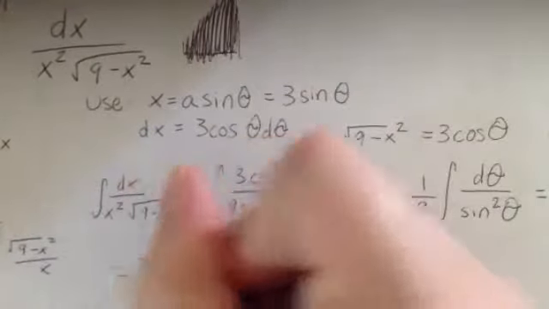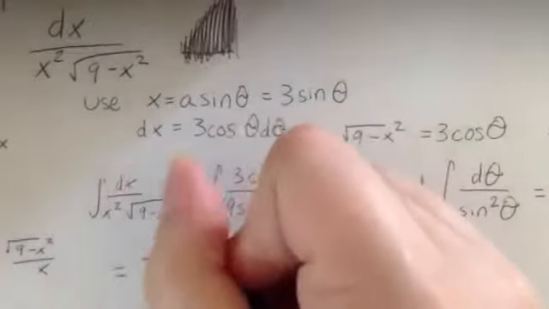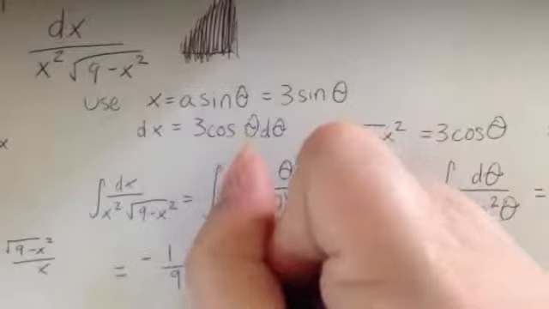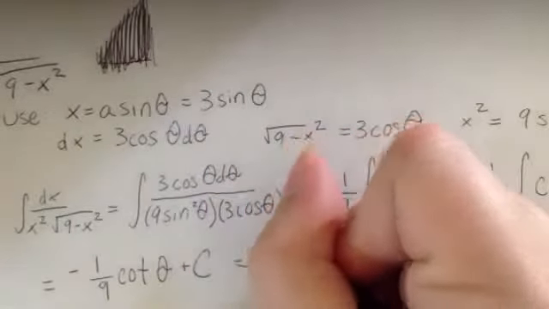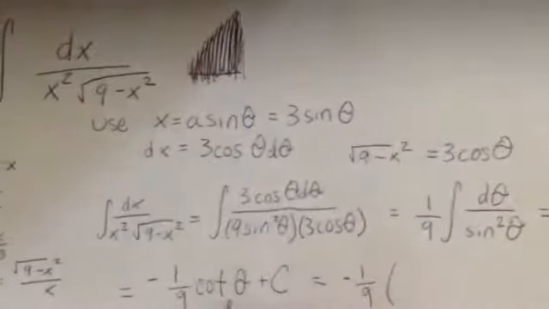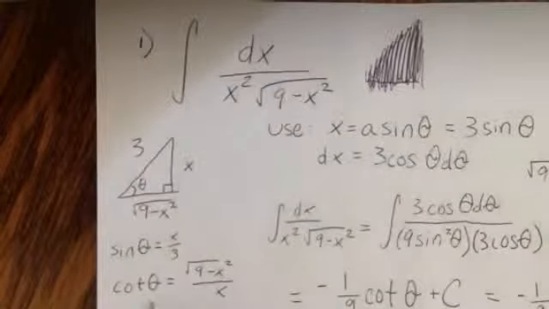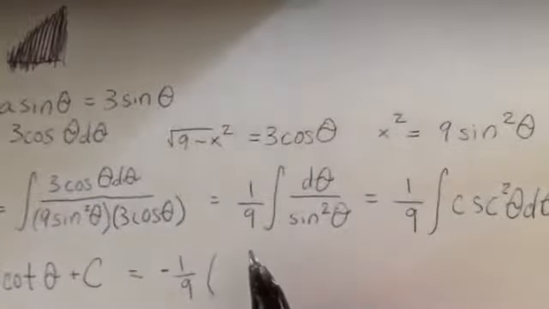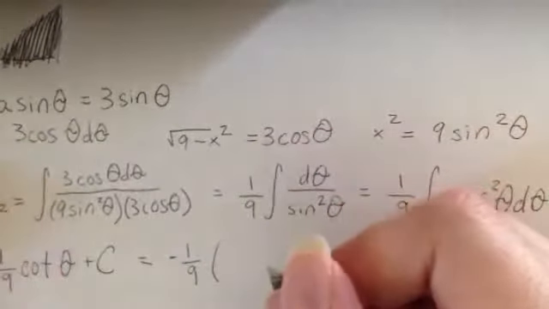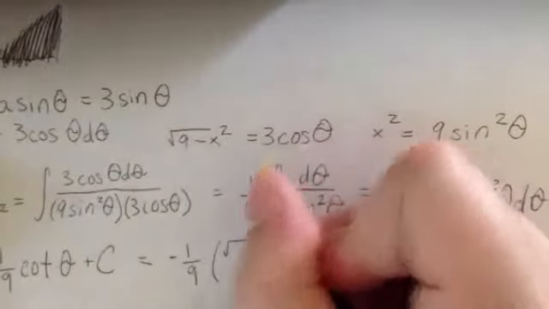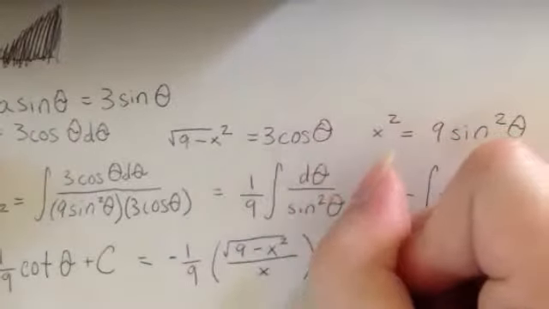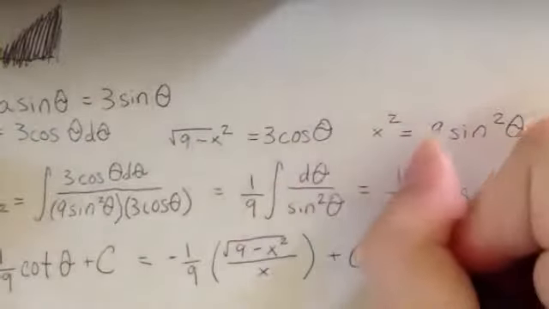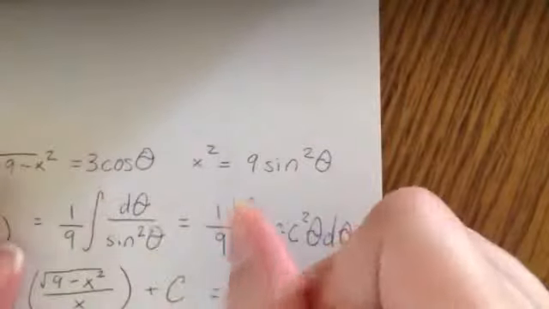The integral equals negative 1/9 of cotangent theta plus c, which is also equal to negative 1/9 of the square root of 9 minus x squared divided by x plus c, which is also equal to the negative square root of 9 minus x squared over 9x plus c.